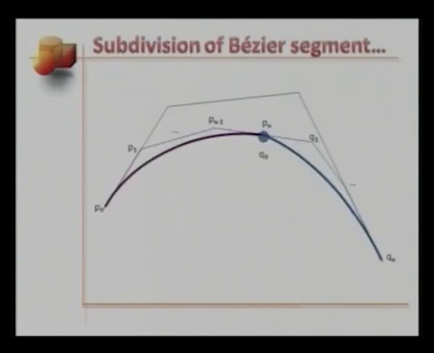Let's go back and try to understand this better. At this point, the parameters u and u prime will have the same value, 0. At this point, the original parameter u will have the value c, but the new parameter value u prime will have the value 1, due to that transformation.